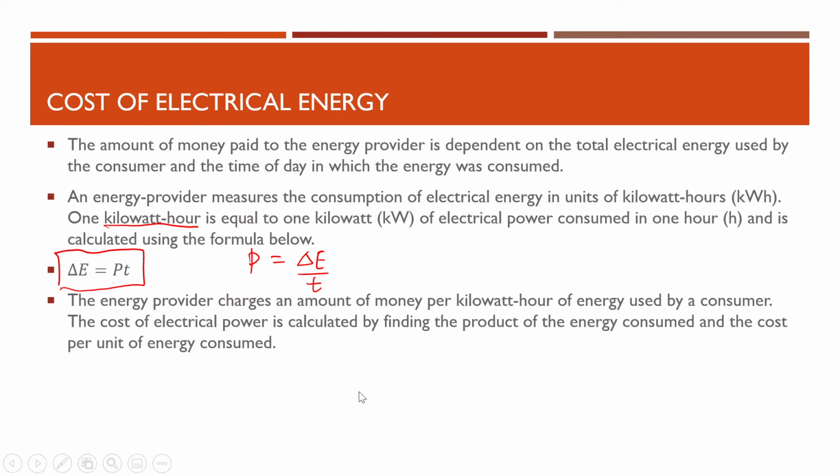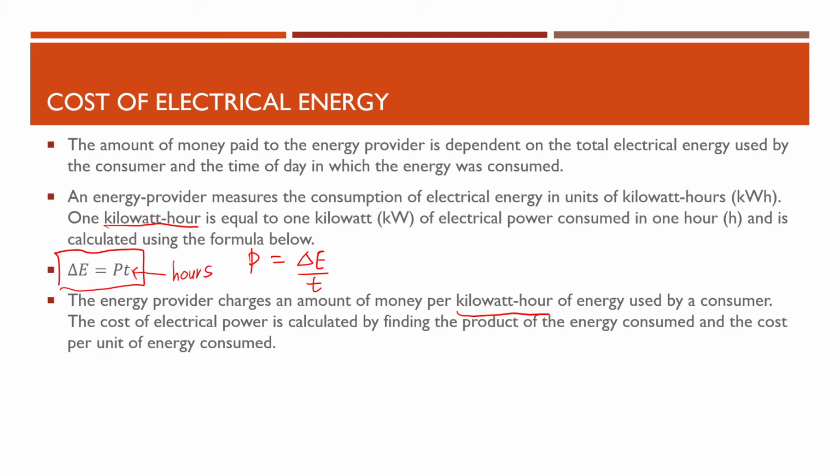The energy provider charges an amount of money per kilowatt hour of energy used by a consumer. The cost of electrical power is calculated by finding the product of the energy consumed and the cost per unit of energy consumed. Now, because we keep talking about kilowatt hours, you have to make sure your time is in hours. I know our SI unit is seconds, but in this case, when you use this equation, you have to make sure the time is in hours, because that's how we calculate it.